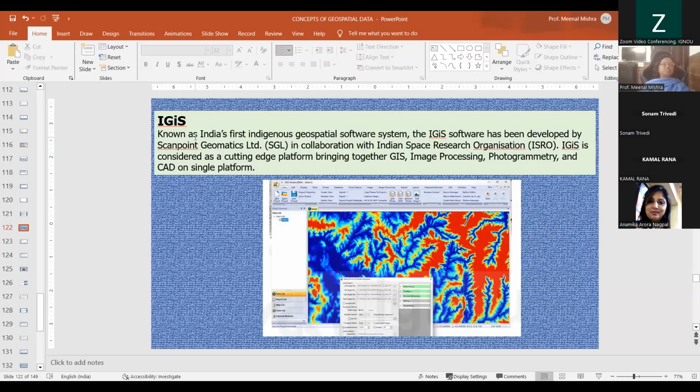Now quickly into the SWOT analysis of this. There is one more indigenous geospatial software, which is given in your SLMs. This was developed by ScanPoint Geomatics Limited in collaboration with ISRO, and it is considered a cutting-edge platform bringing together GIS, image processing, photogrammetry, and CAD on a single platform.